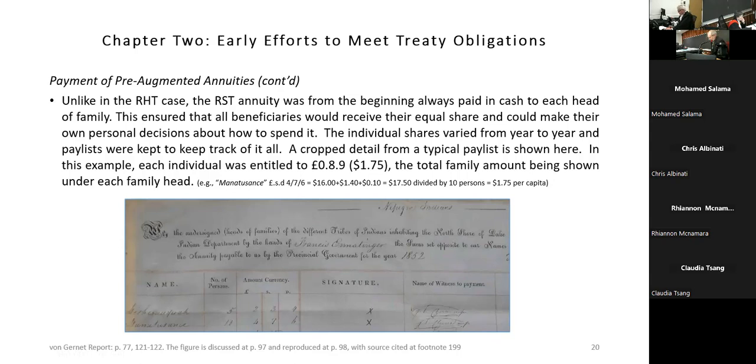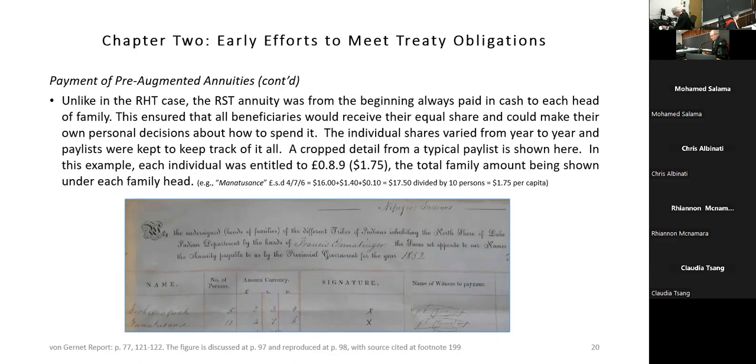And on this slide, slide 20, there is a highlight of a portion of one of these pay lists. Again, there's no real reason for this one as opposed to any other, except that's probably the clearest that I found in the archival record.